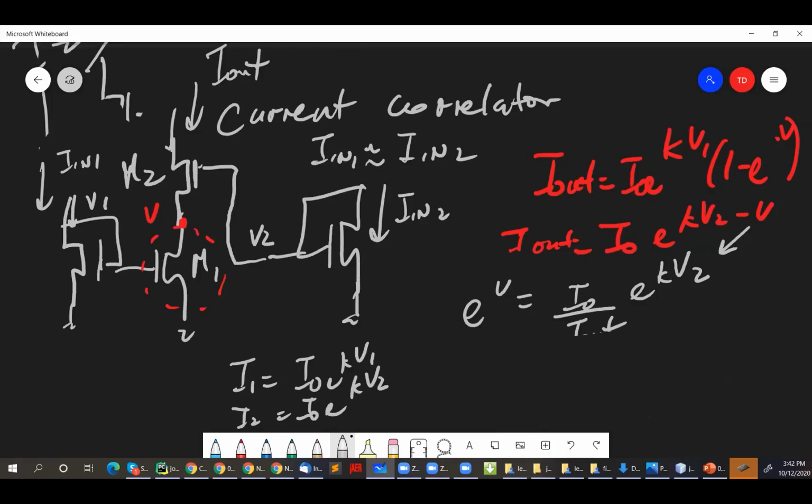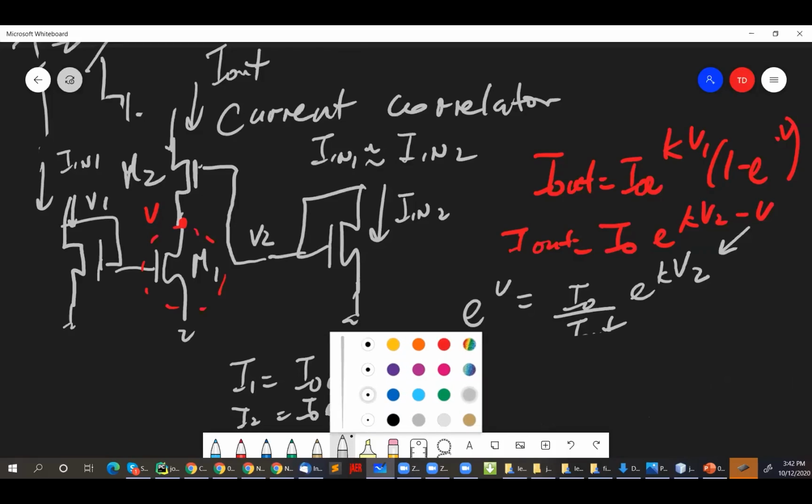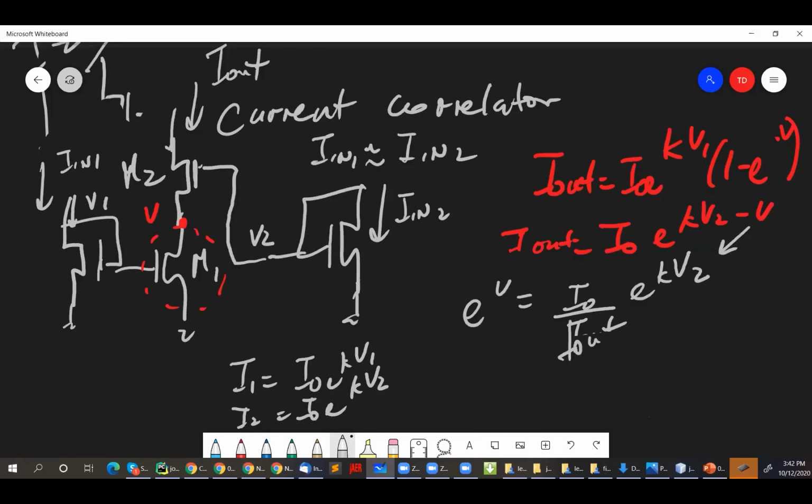But what you should get in the end is that I out is equal to I1 times I2 over I1 plus I2. So if I1 is equal to I2, then it's I1 squared over 2 I1, so it's a half of I1.